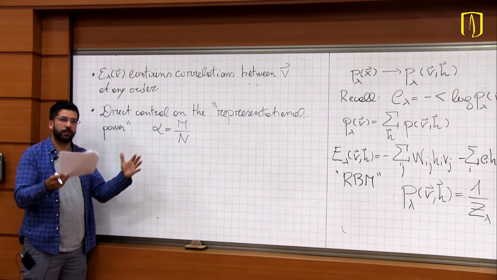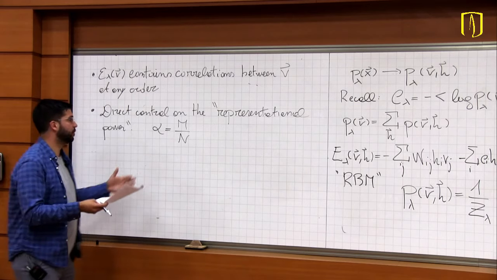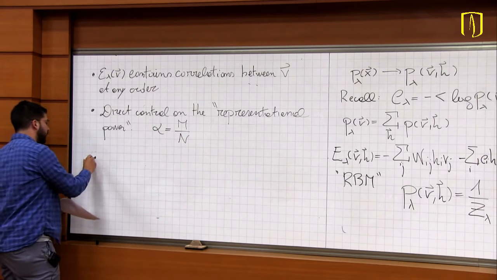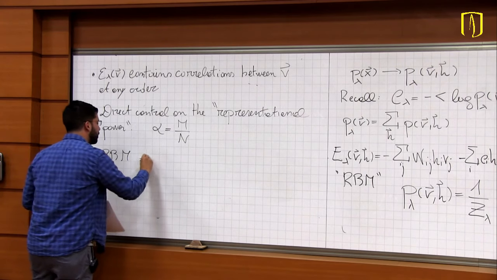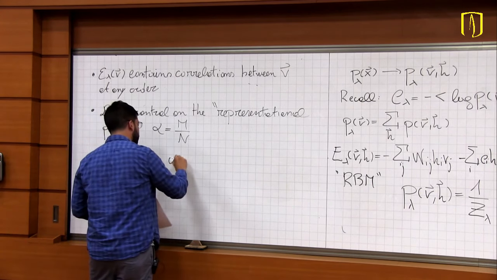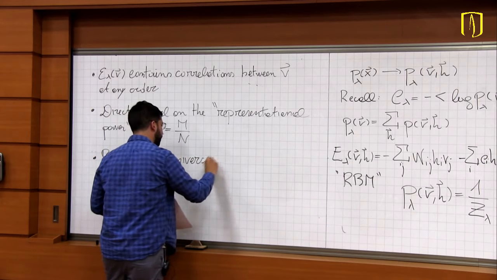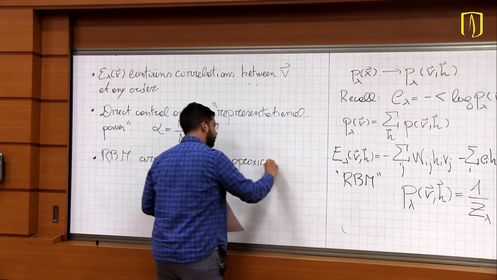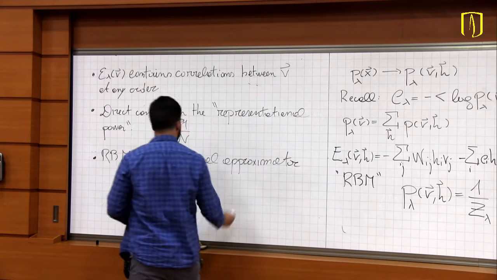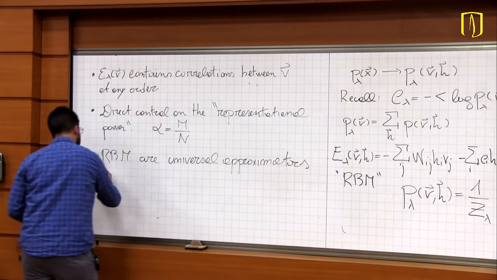and as we increase this, essentially, we can capture a larger and larger class of distributions, which brings to the last point: RBMs are universal approximators of discrete distributions.